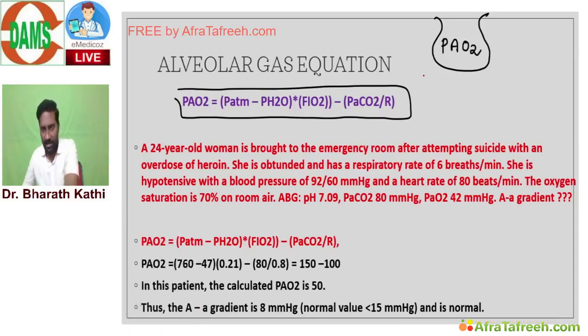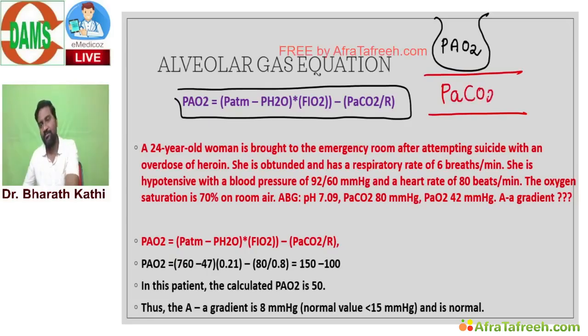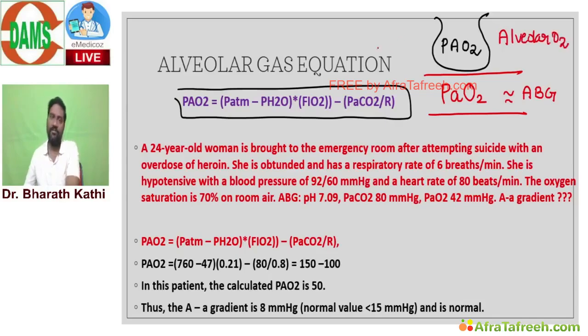Whatever ultimately reaches the circulation and you measure with the help of an ABG is PaO2, arterial oxygen. This is measured with the help of an ABG. But alveolar oxygen within the alveoli has to be measured with the alveolar gas equation.